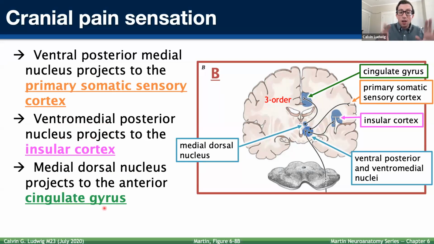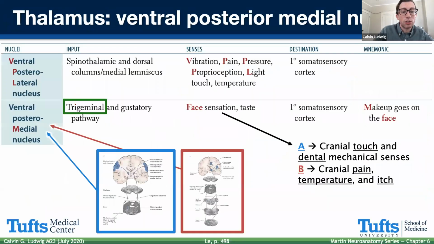So the sensory information in pathway B has a more diverse set of final cortical areas in the top of the brain as their final destination. So that's a key distinction.